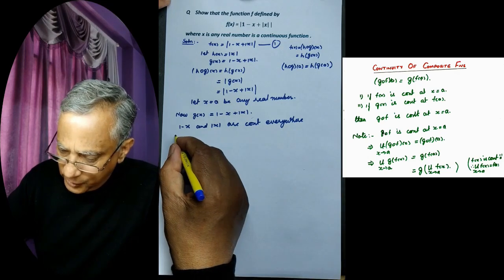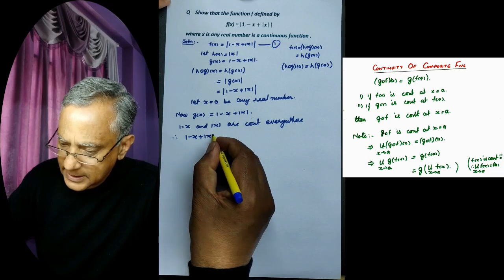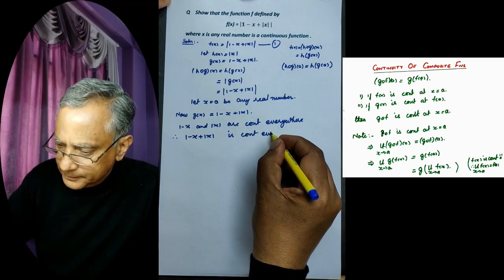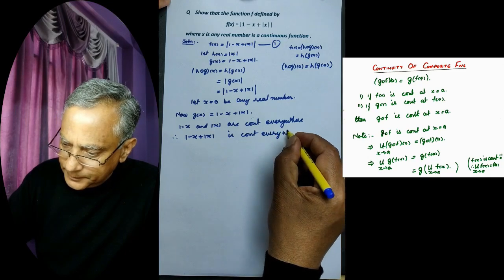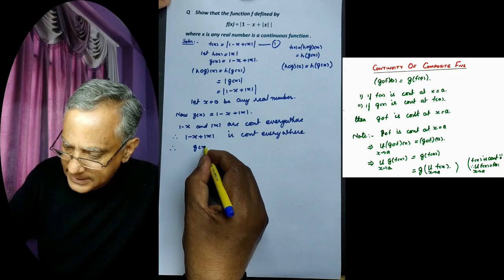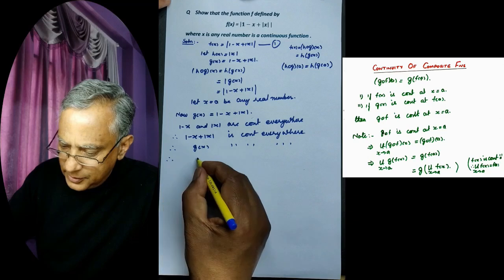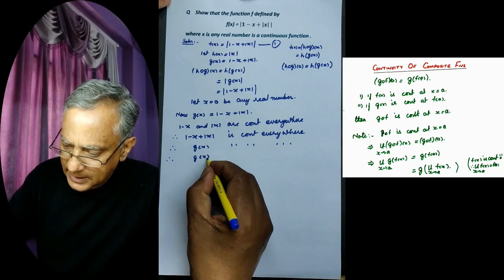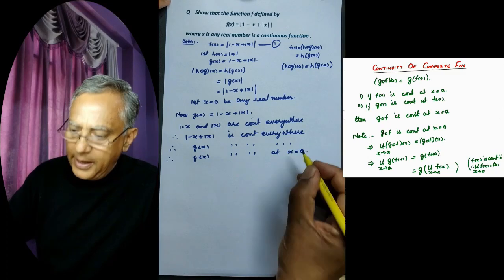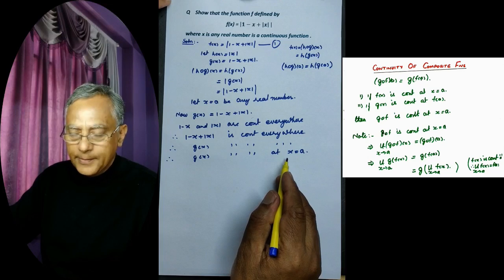And therefore their sum, therefore 1 minus x plus mod x is continuous everywhere. And therefore g of x is continuous everywhere, and therefore gx is continuous at x equal to a.